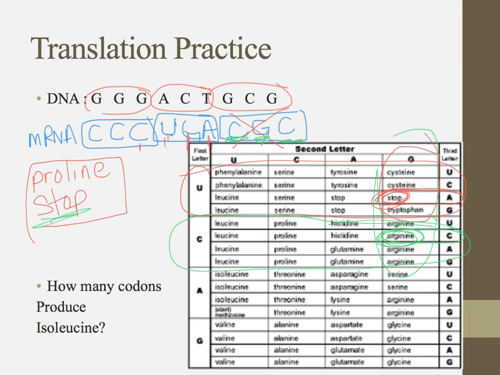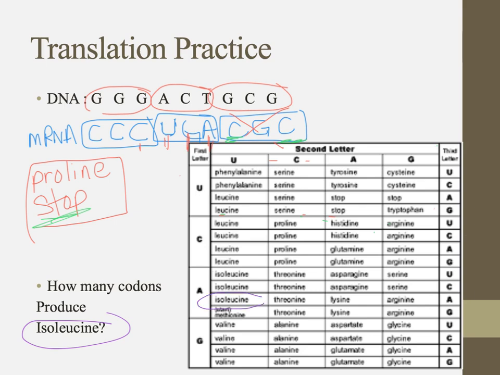Next thing I want to look at is how we can use this chart to figure out what code I would need to make a particular amino acid. So if I wanted to produce isoleucine, I need to find isoleucine in my chart here. And I see it right here and right here.